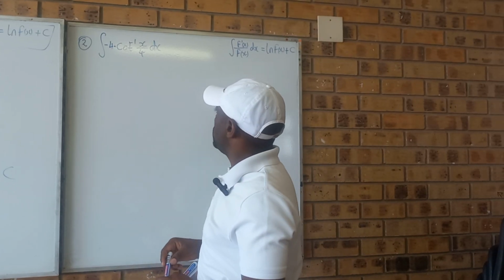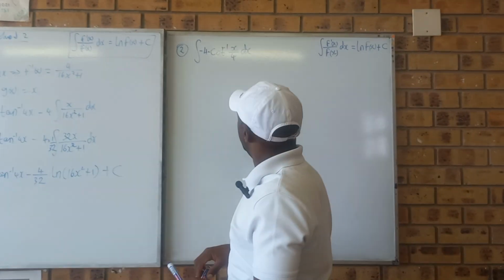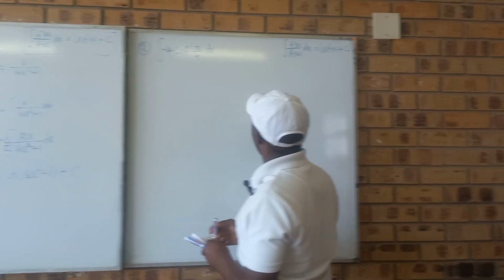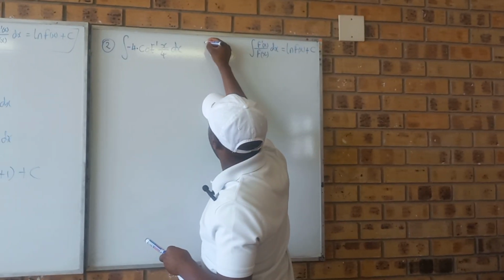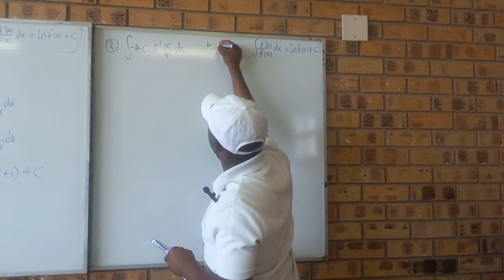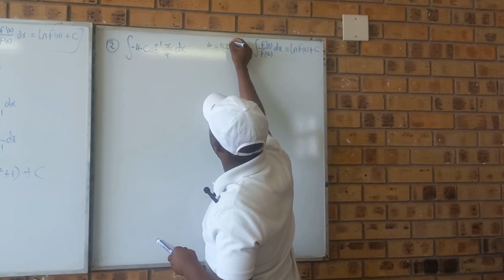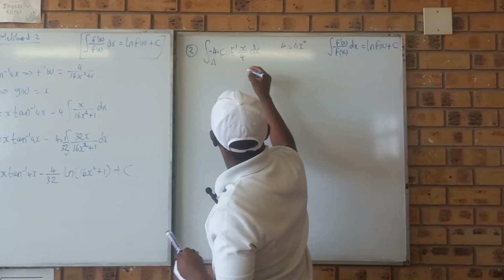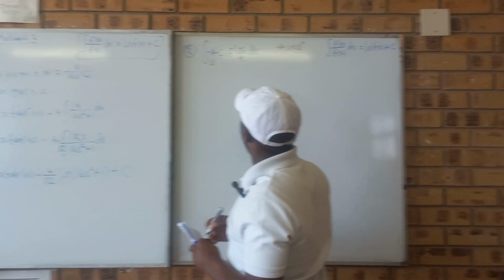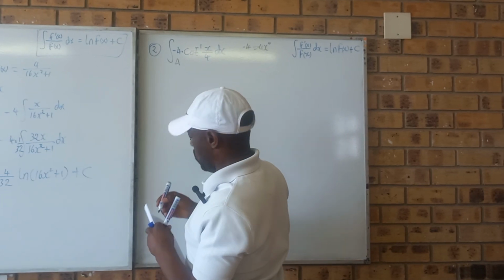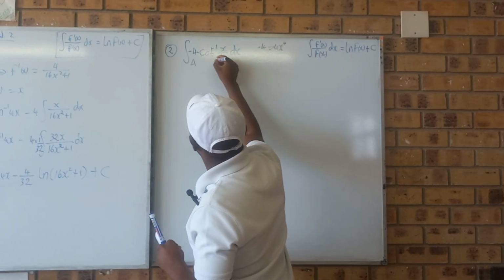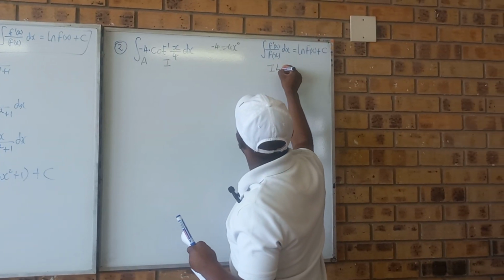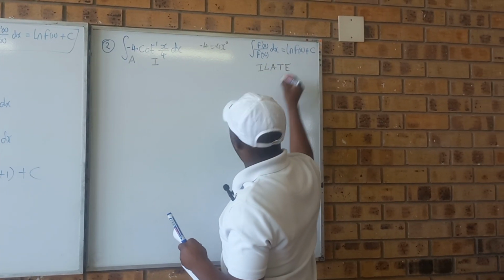So I want to do this integral as a product. So already they've put a constant there, and we all know that when we see a constant, our 4 should be seen as 4x to the power 0, so that we can put this under algebra. So that was a negative 4, so that will be our algebra. Then the other person will be inverse, and we know that with ILATE, as you can see, inverse comes before algebra.